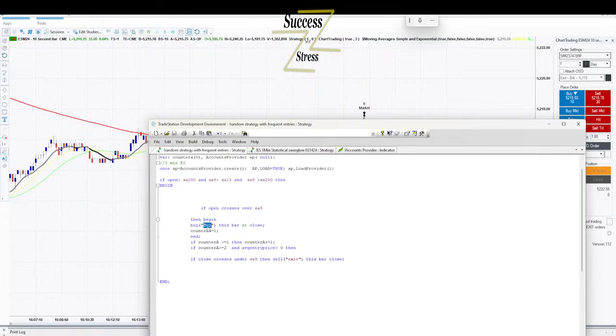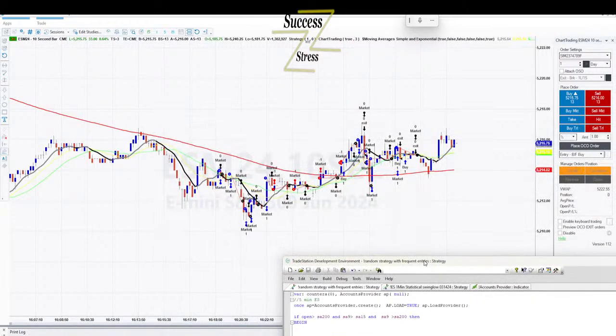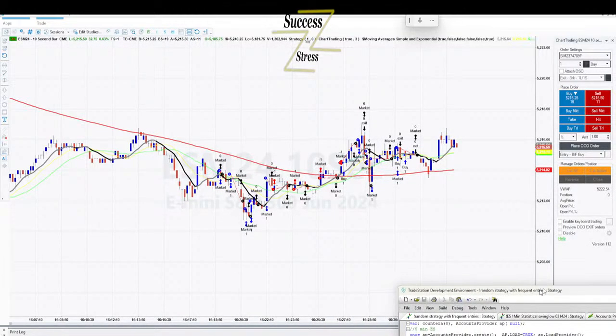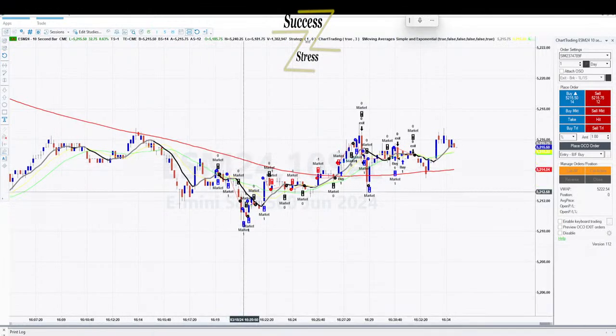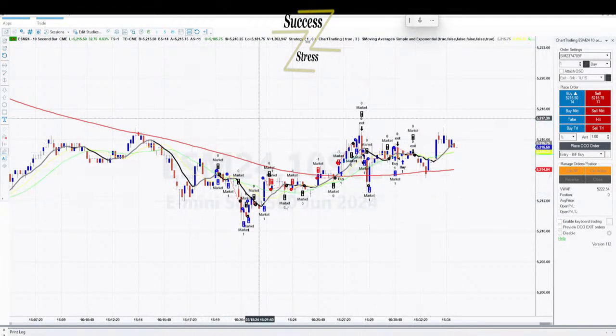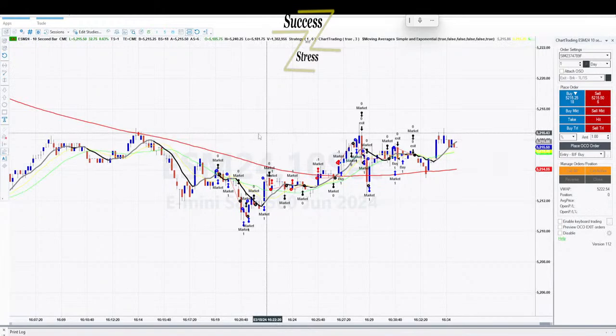These shouldn't be saying buy anyway. You know what? I think all these are from when we were taking the trades earlier from the automation. Okay, so those aren't referencing the current strategy.